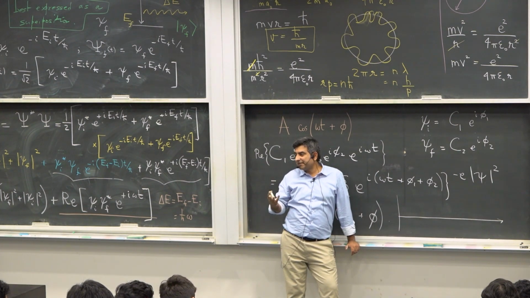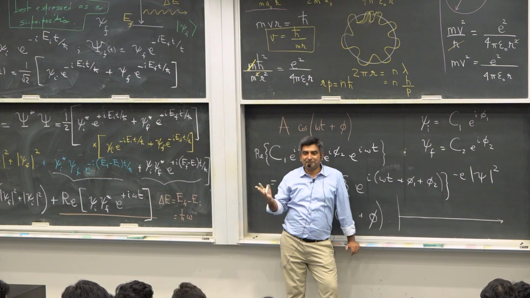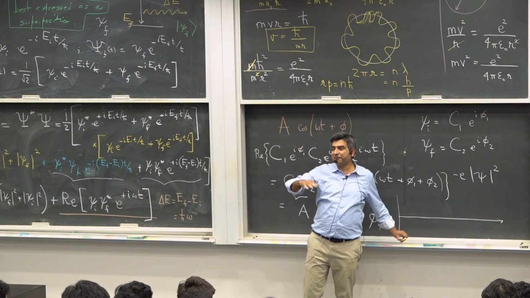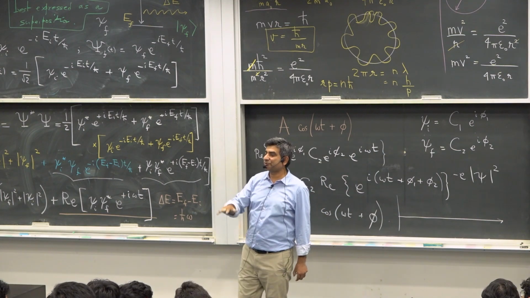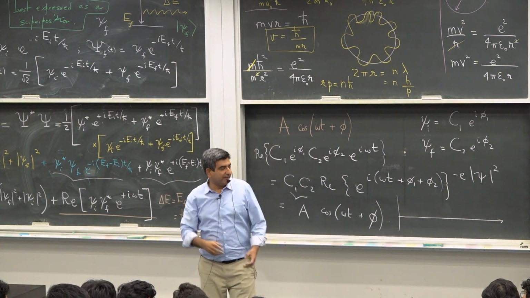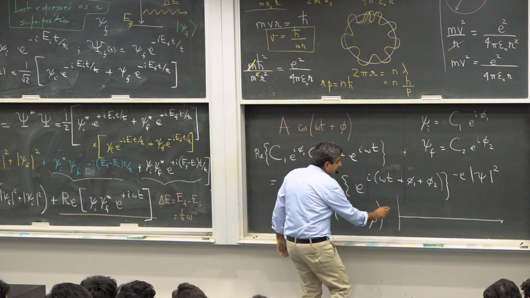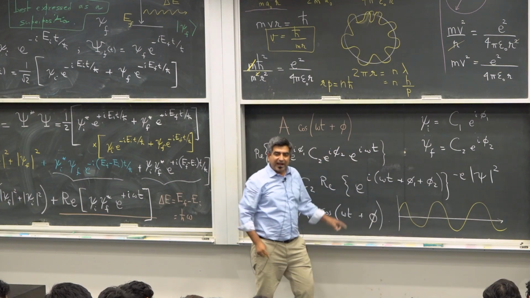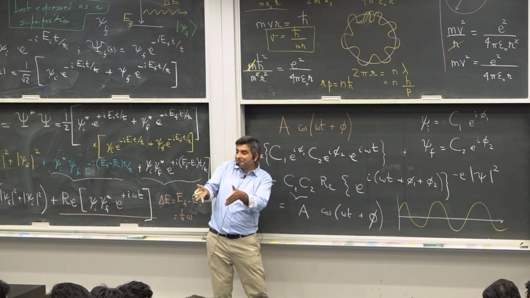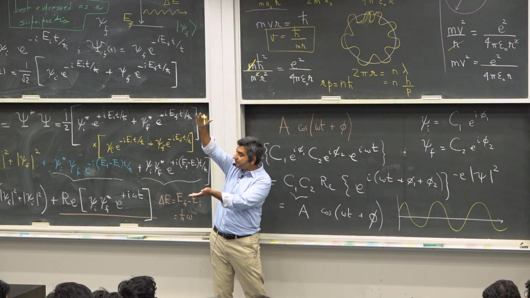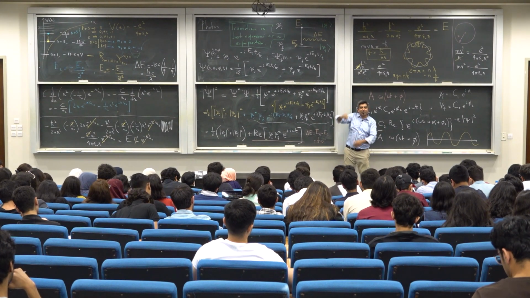Now the charge density is time dependent because the charge of an electron is really oscillating. When an electron's wave function is oscillating, the probability density is oscillating with time. It's really the charge that is oscillating. If I were to plot this function it will have a time dependence and it will have a frequency omega. That frequency is proportional to the energy gap.